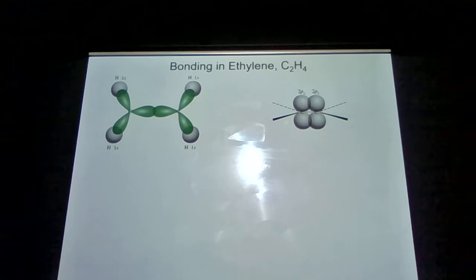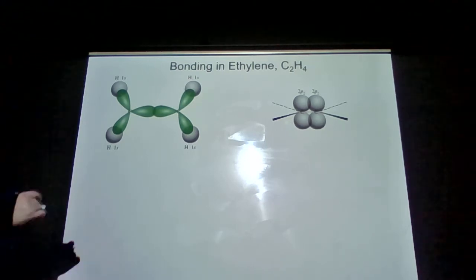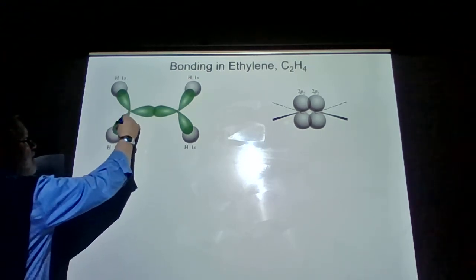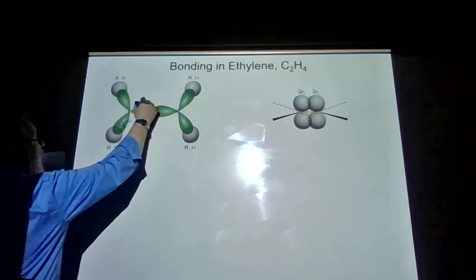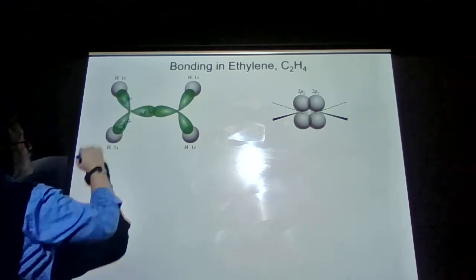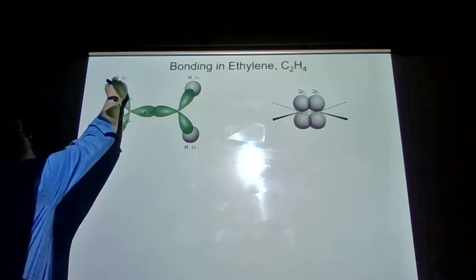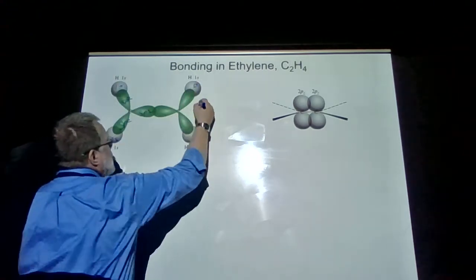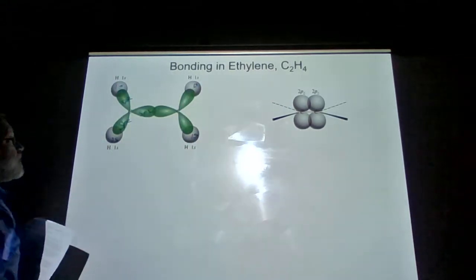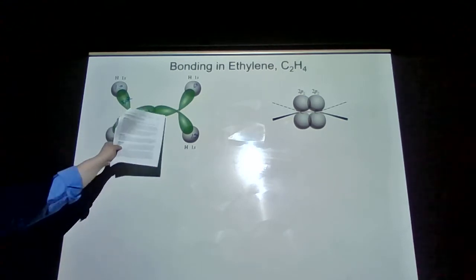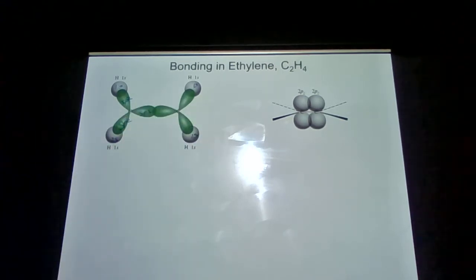If we just look at the hybridized orbitals that are in ethylene, we have the three sp2 hybridized orbitals. This carbon also has three sp2 hybridized orbitals.